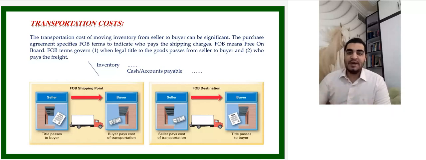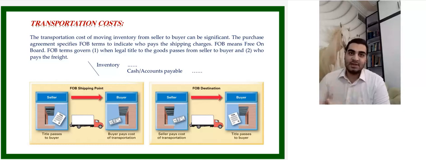So we have two different conditions in this matter: FOB shipping point and FOB destination. For FOB shipping point, the title passes to the buyer. So the buyer is responsible for the shipment until it arrives at its destination, and the buyer pays the cost of transportation.